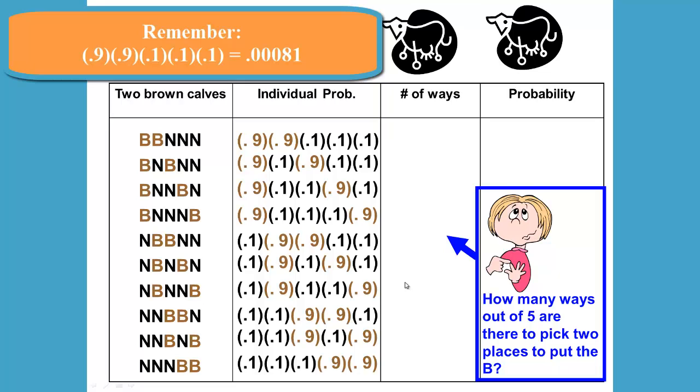And how could we figure out how many there would be? Think of it as how many ways are there out of 5 to pick 2 places to put the browns. The order of the browns would not matter, so it is a combination of 5 choose 2, and that would give us 10.